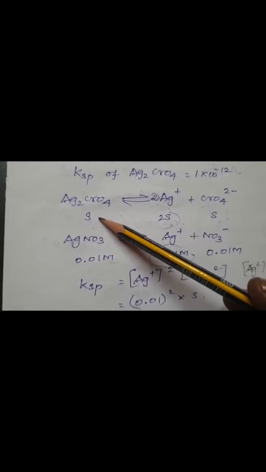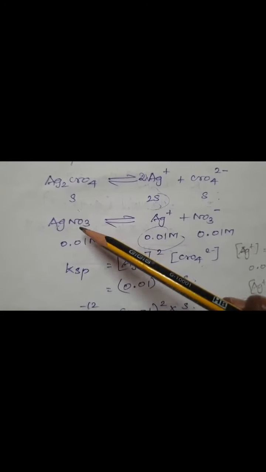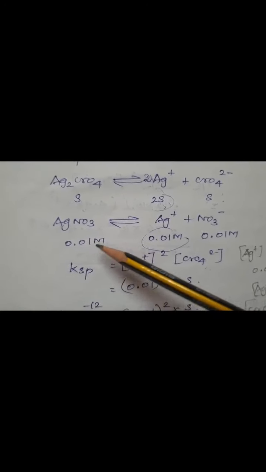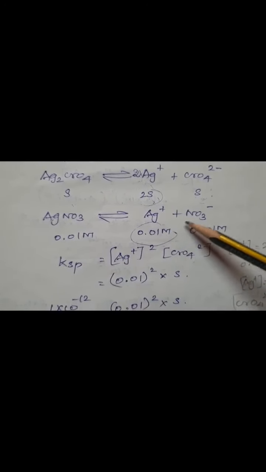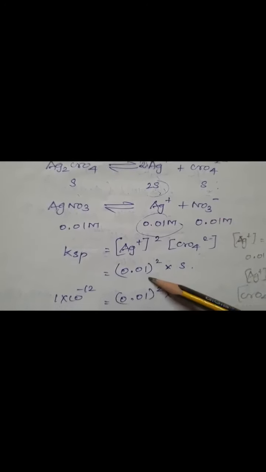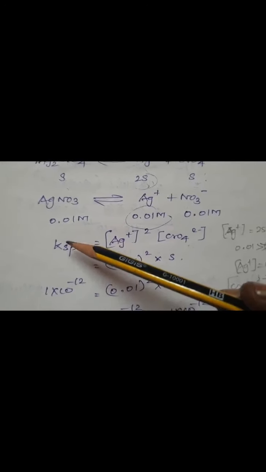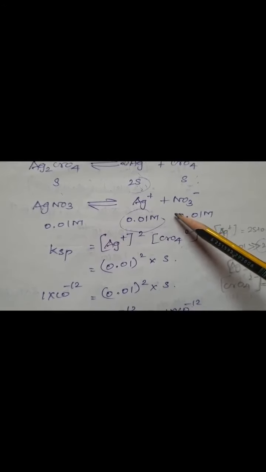The AgNO3 concentration is given, but here the concentration is not given, so for that we are taking S. The AgNO3 concentration is given as 0.01, so Ag plus is also 0.01 from AgNO3. The solubility product Ksp is equal to the product of the concentrations of the products.